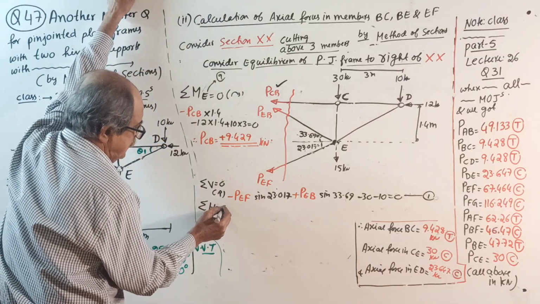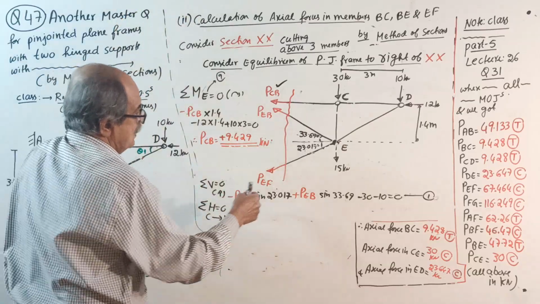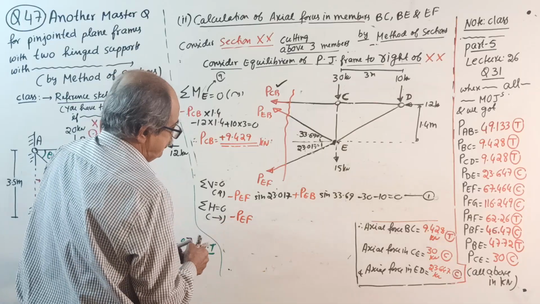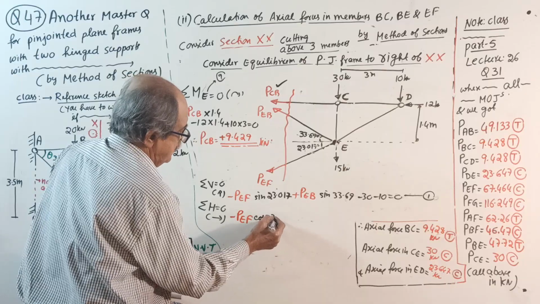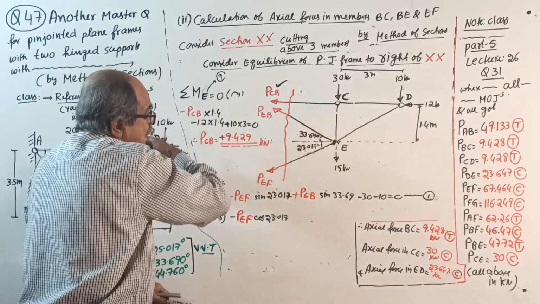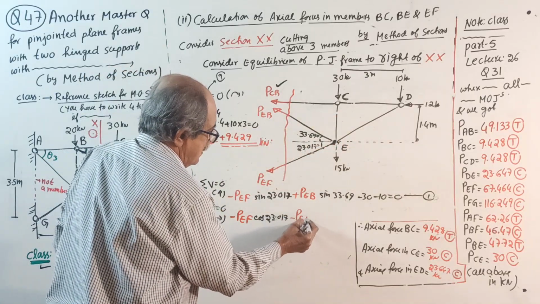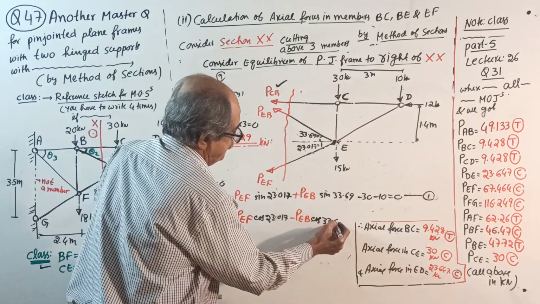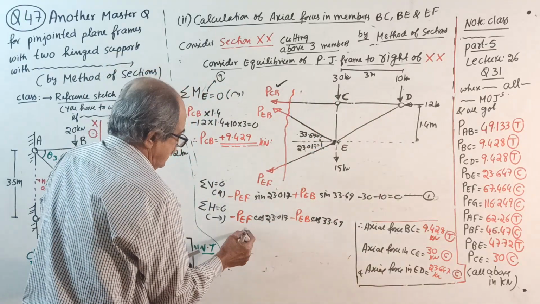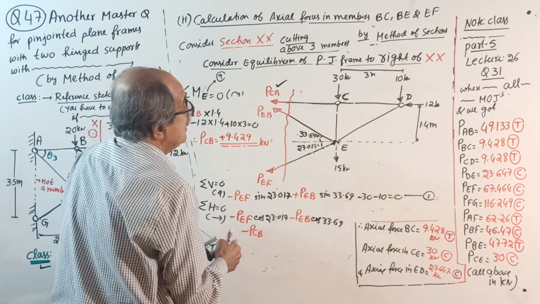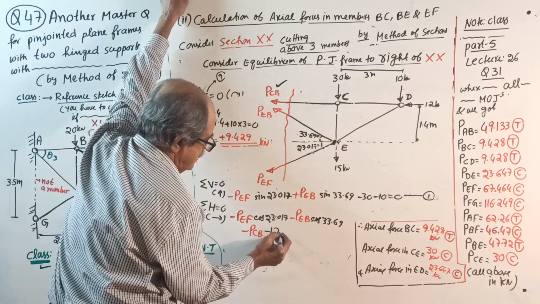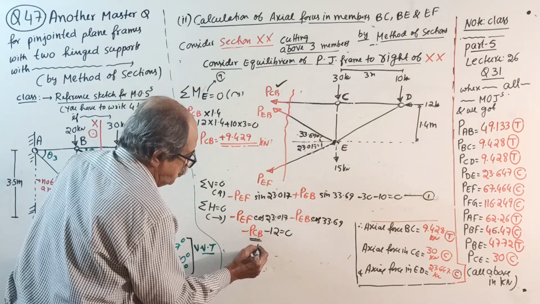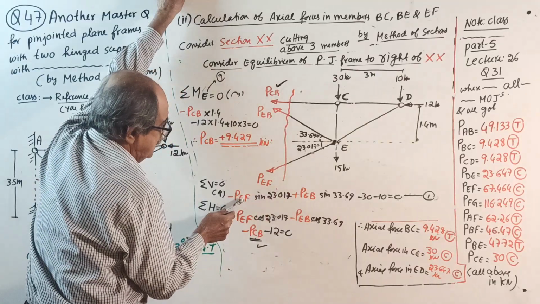Then sigma H equal to 0, take right side positive. Minus P EF cos 23.017, minus P EB cos 33.69, minus P CB, and then minus 12 equal to 0. But remember, P CB is already known to you. So here the unknowns are P EF, P EB.